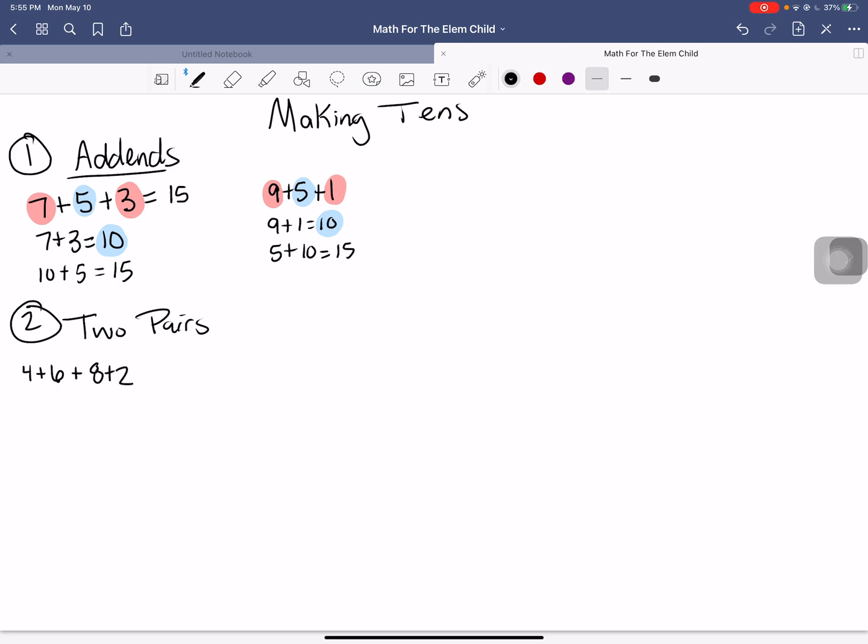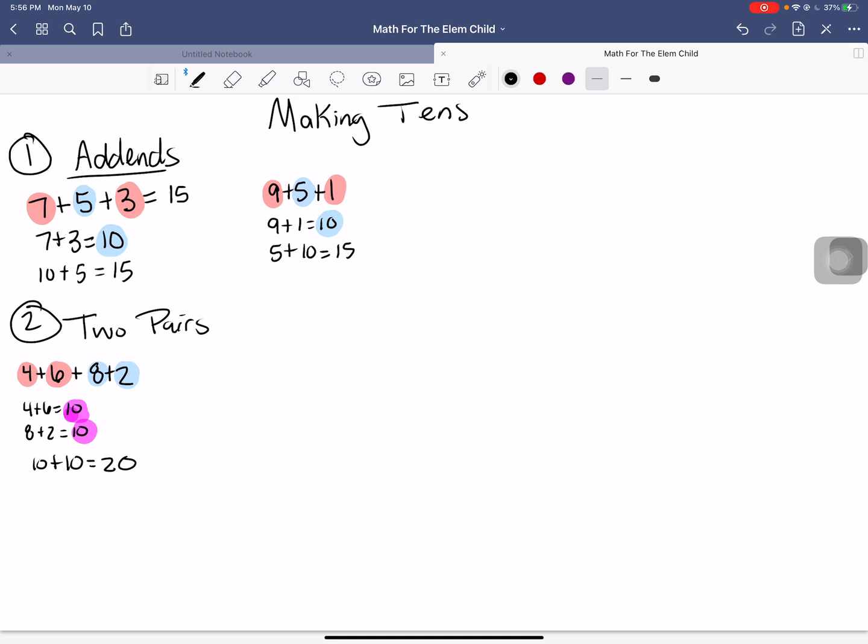And this one is so obvious right now, because we know already 4 plus 6 equals 10, and 8 plus 2 equals 10. So 4 plus 6, 8 plus 2. And then we have to add up those tens. So we do 10 plus 10 equals 20. So 4 plus 6 plus 8 plus 2 equals 20.